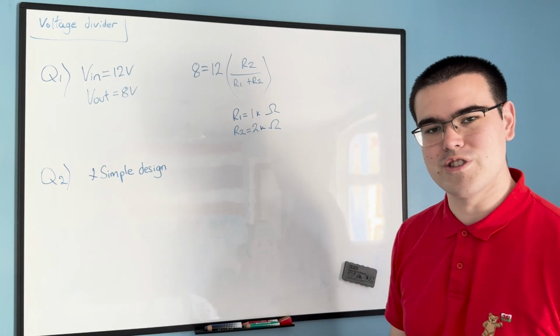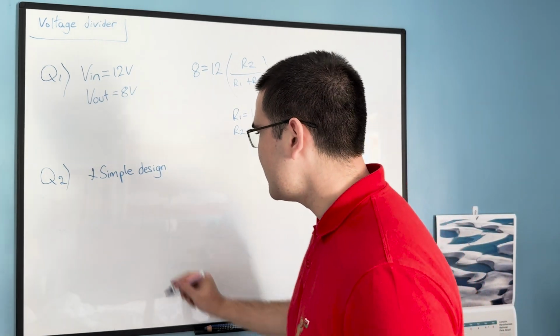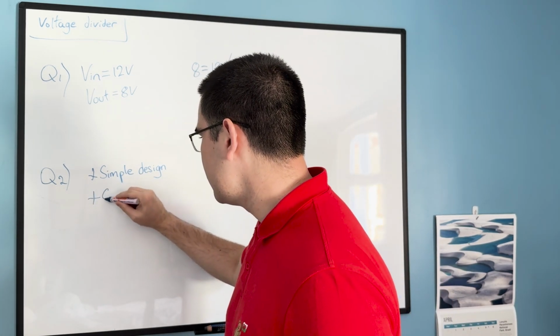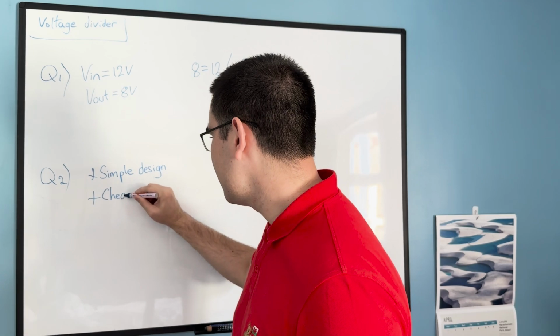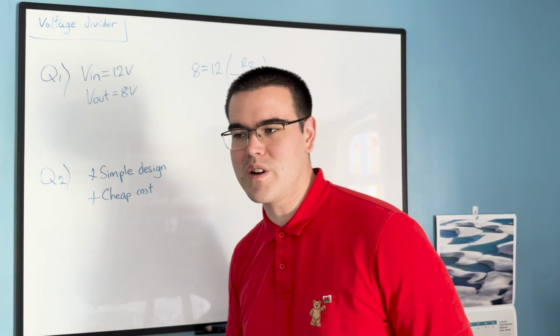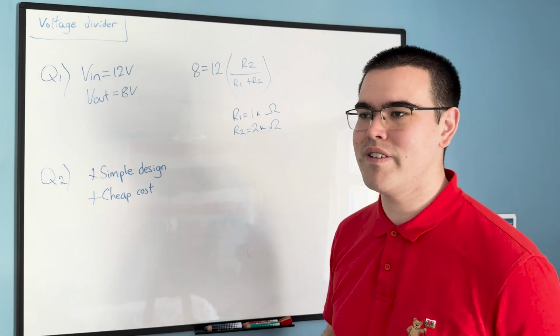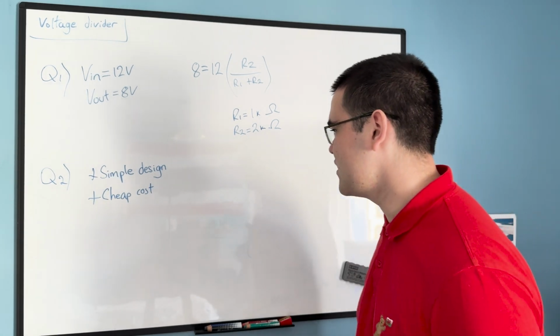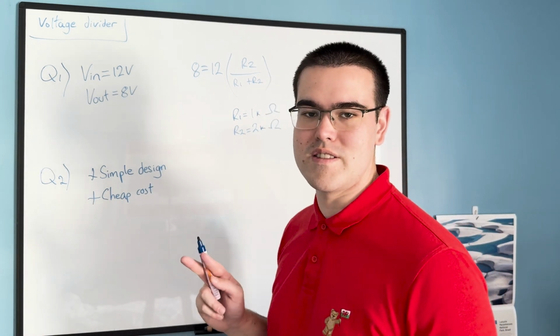That's all there is to a voltage divider. Another advantage, cheap cost. Again, we're talking 2 resistors here, nothing fancy, no MOSFETs, no IGBT transistors, just 2 resistors in series.